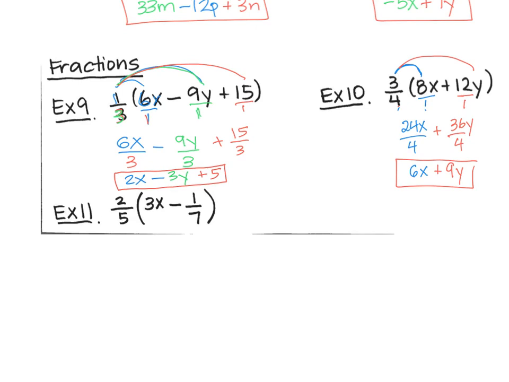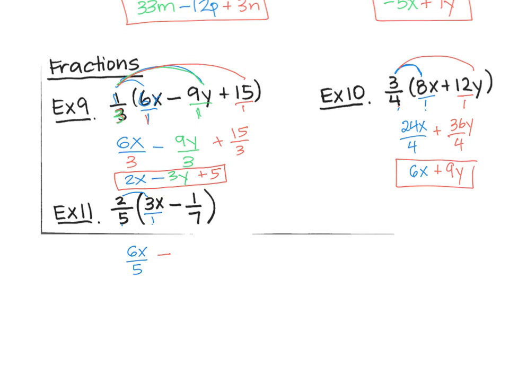Okay, one last example with fractions. Let's see, 2/5 times 3x. Again, if you want to do that in your head, that's fine. I'm going to put a little 1 because it's a fraction with a non-fraction. Now if I do 2 times 3x, that is 6x, and then 5 times 1 is 5. I'm going to bring down the minus.